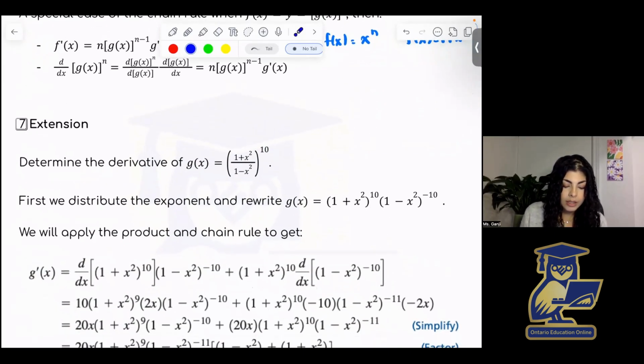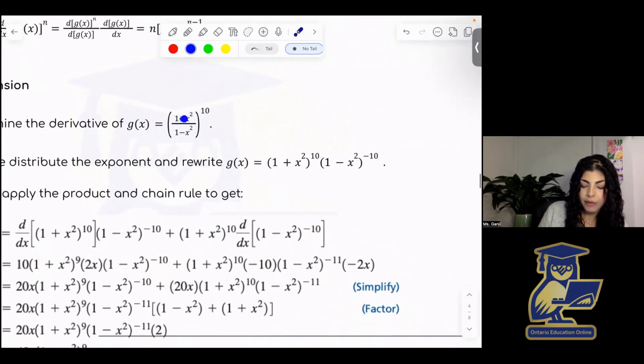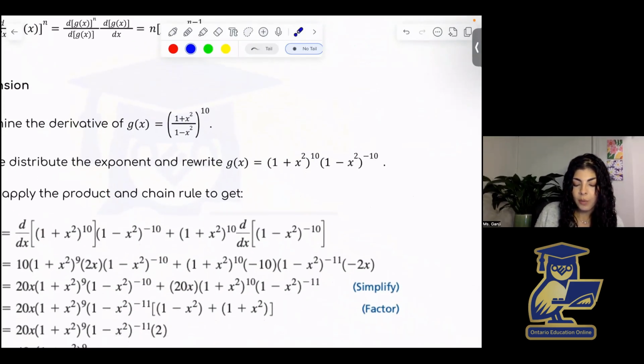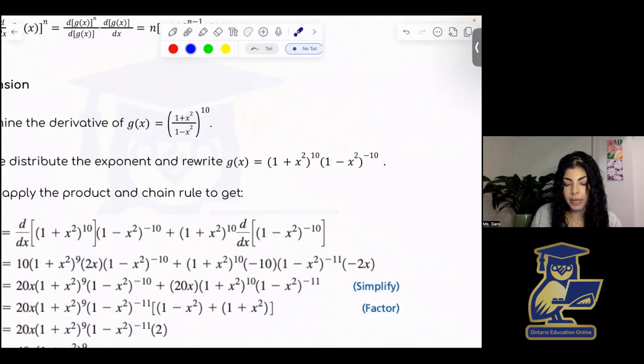So now let's apply that. We're asked to find the derivative of g of x, which is given by 1 plus x squared over 1 minus x squared, to the power of 10. First we're going to distribute the exponent here, and we have our numerator as 1 plus x squared to the power of 10, and our denominator is now going to be written as a negative exponent, so 1 minus x squared to the power of negative 10.